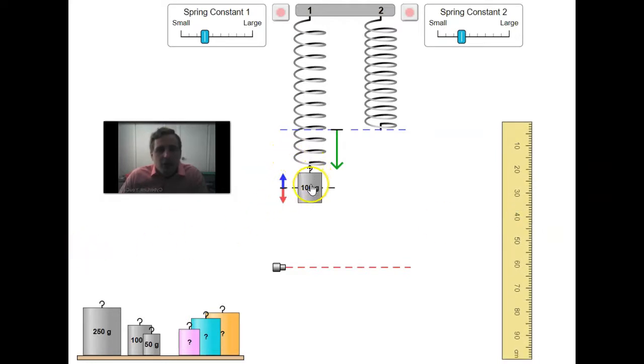Notice when this spring hangs down, its displacement is below its unstretched length, that is its natural length.